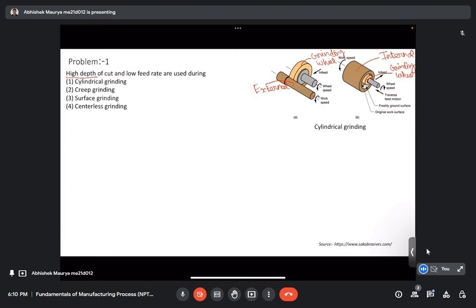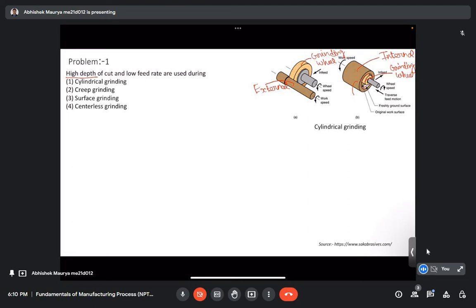And we are trying to improve the surface finish of this workpiece internal surface. So this is the internal surface, and with the help of the grinding wheel we are trying to improve the surface finish, internal surface of this cylindrical workpiece. So this is the cylindrical grinding.